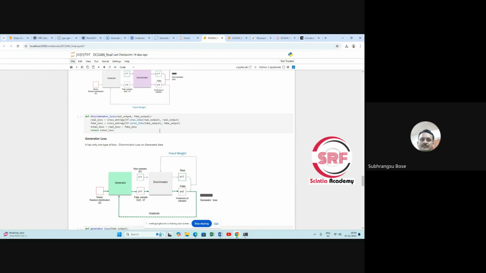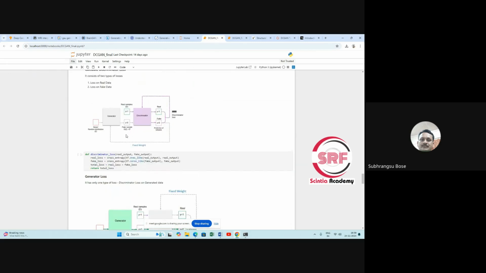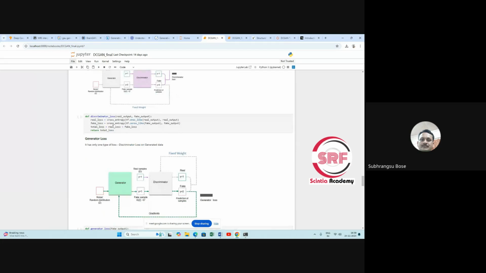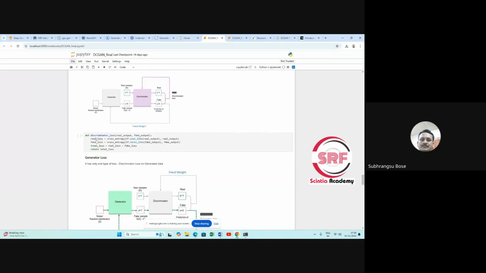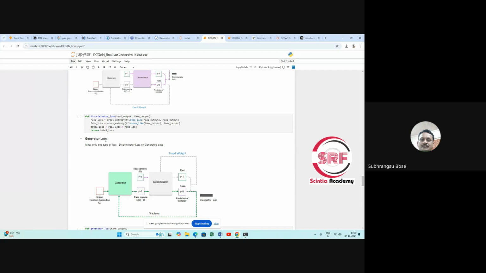Fake loss is fake output. When a real sample is predicted wrong, then it is real loss. When a fake sample is predicted wrong, that is fake loss. That will be back propagated to the discriminator network. That is called discriminator losses.